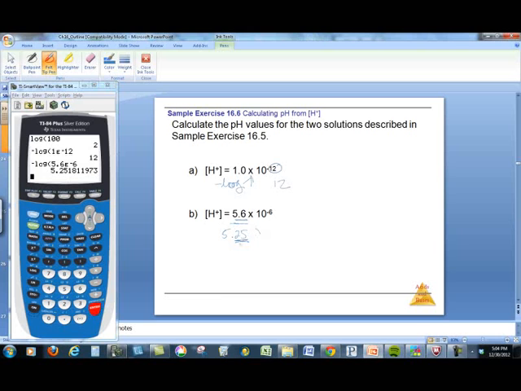Remember, just after the decimal place are my sig figs, 2 sig figs. So it's close to 6. It should be less than 6 because this is higher than 1.